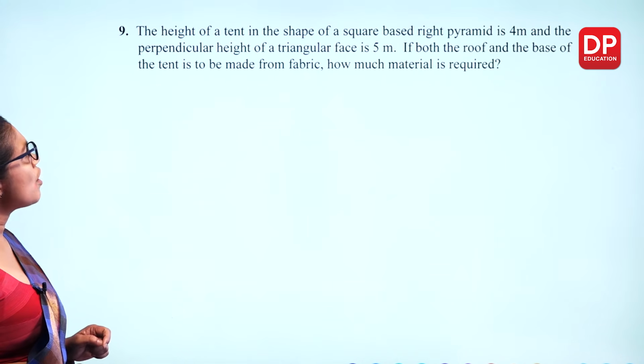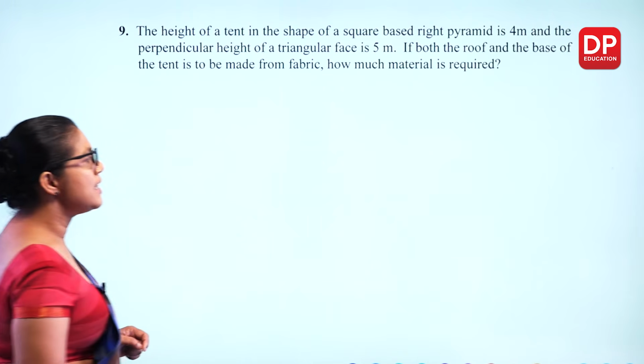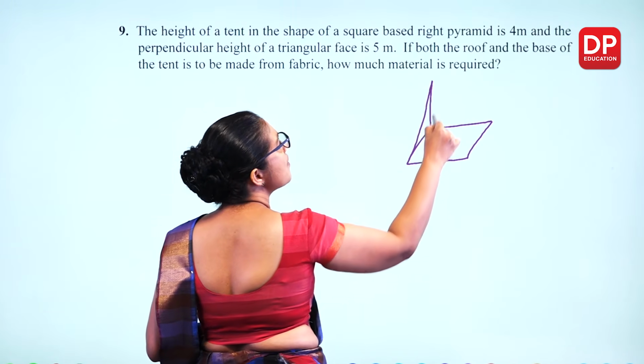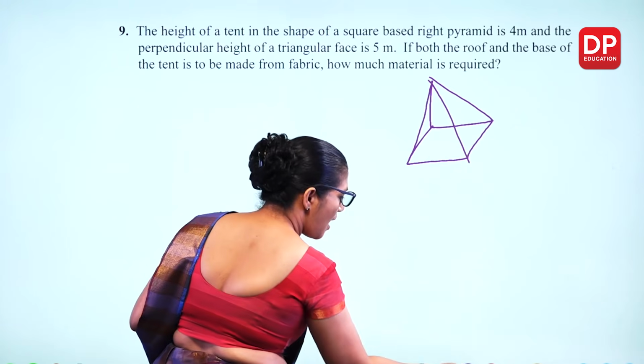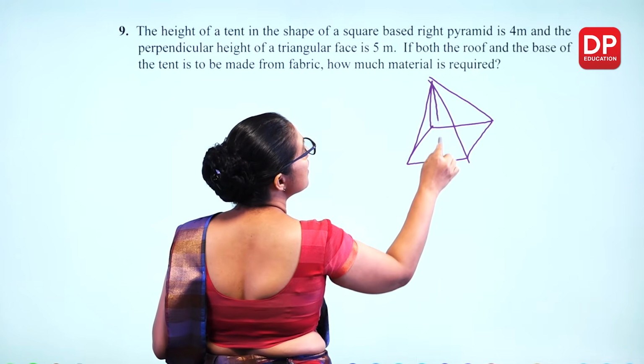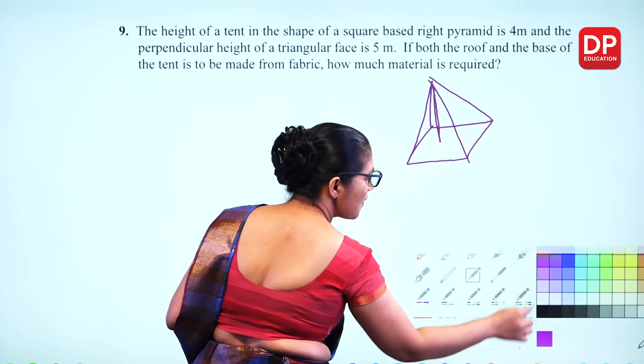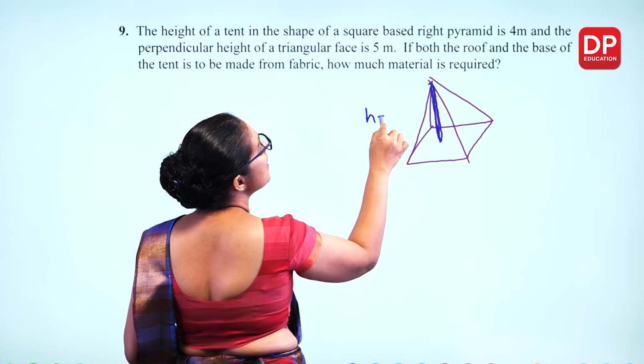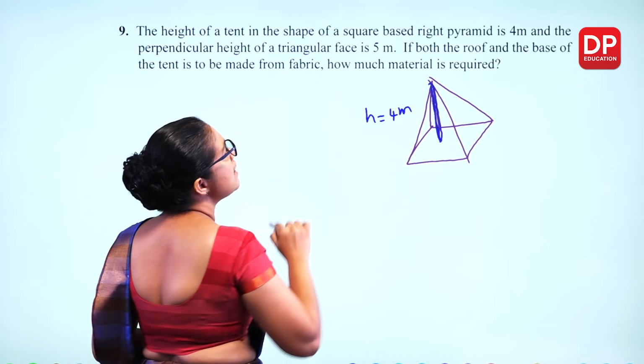Now we'll look at question number 9. It says the height of a tent in the shape of a square base right pyramid is 4 meters. So we'll try to sketch it. When you take the square base pyramid, the height is given. This height, I'll take another color, is given as 4 meters.